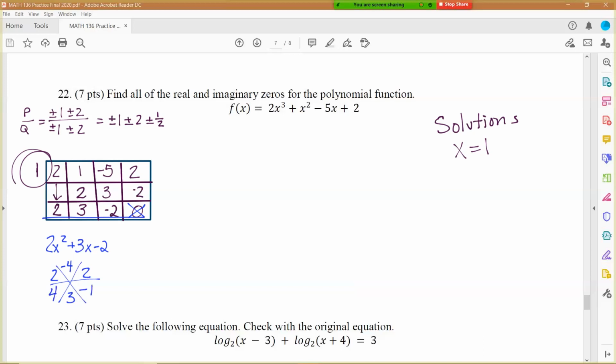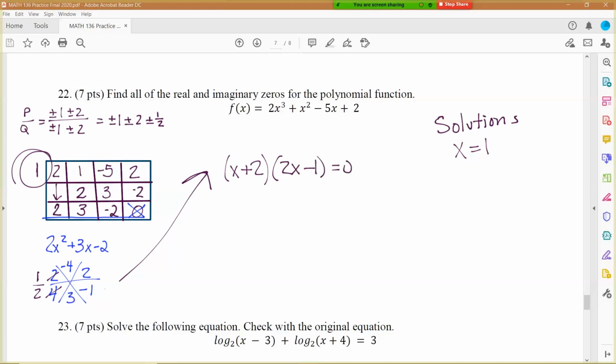This time I can reduce, so I want to reduce this 2 and 4 to 1 and 2. So now I have x plus 2 as a factor and 2x minus 1 as a factor.